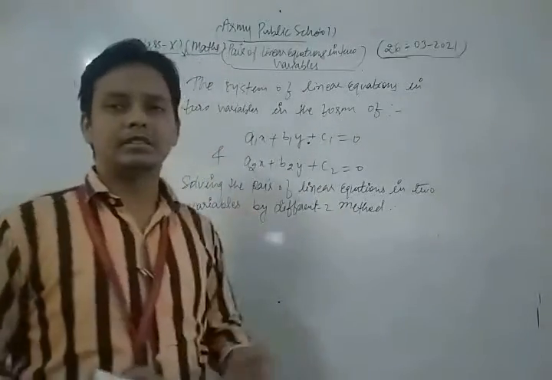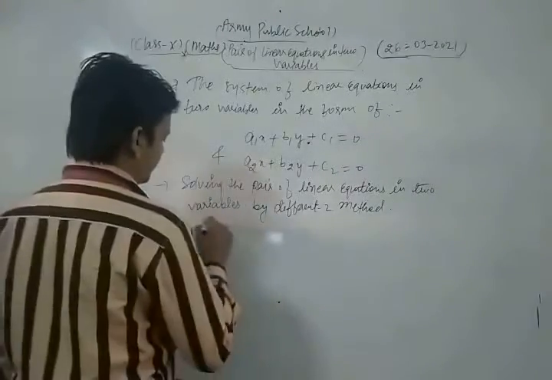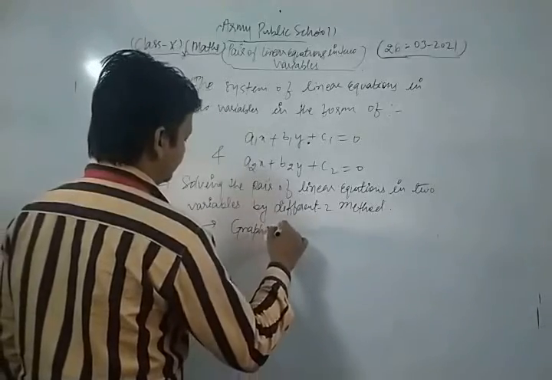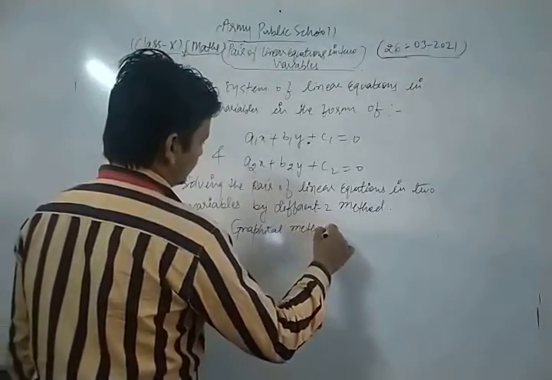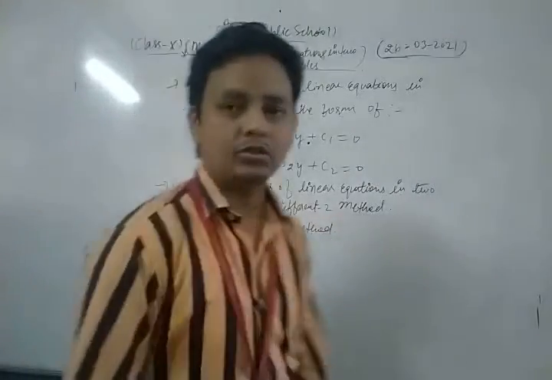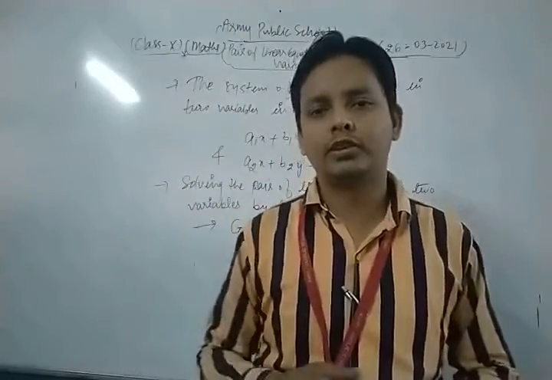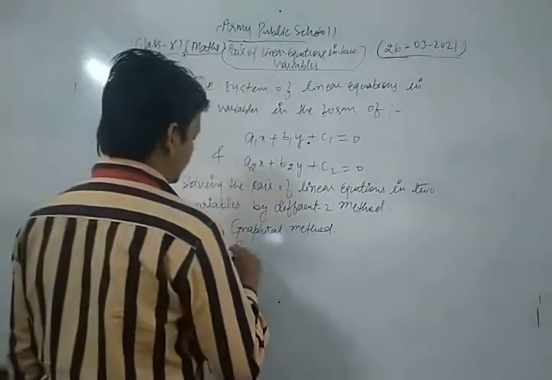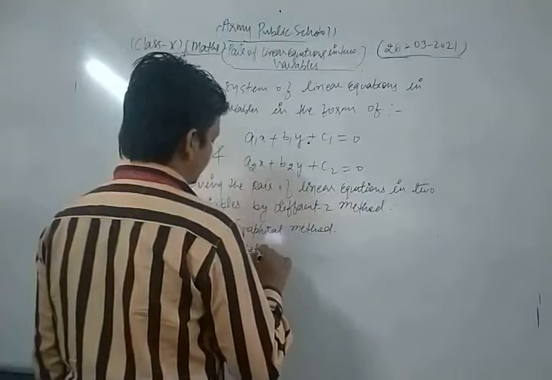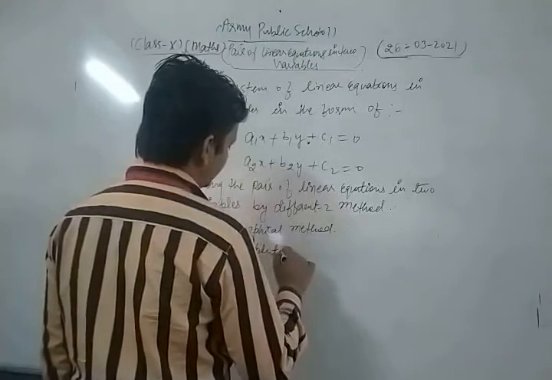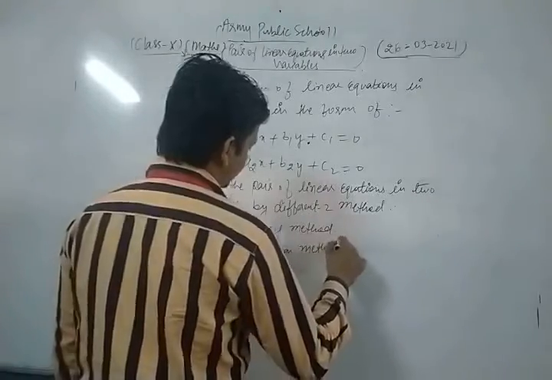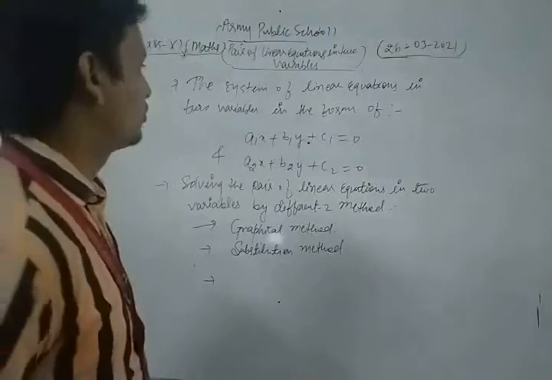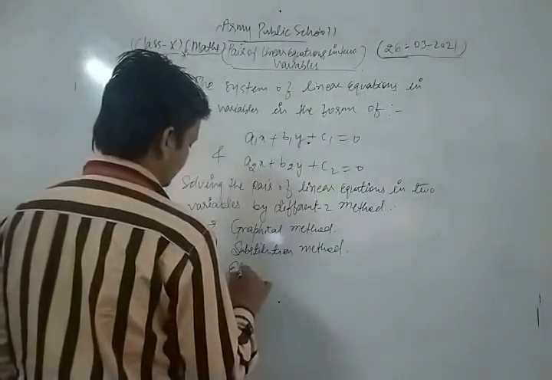So there are some important methods. The first one is the graphical method, by which we solve the pair of linear equations in two variables. The second one is the substitution method. We also discuss solving the pair of linear equations in two variables by the elimination method.